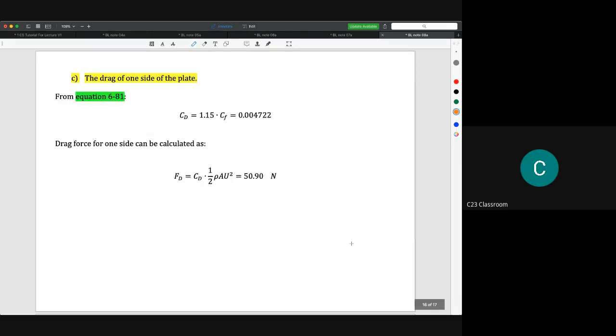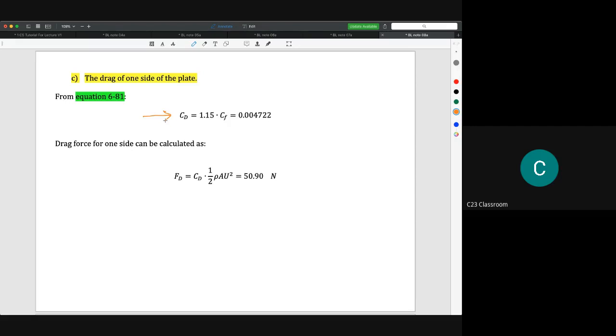And then to calculate the drag of one side of the plate, we could use the idea of this one. For example, if you read the textbook, they will find that there is an acceptable correlation between the local friction and the total drag coefficient.